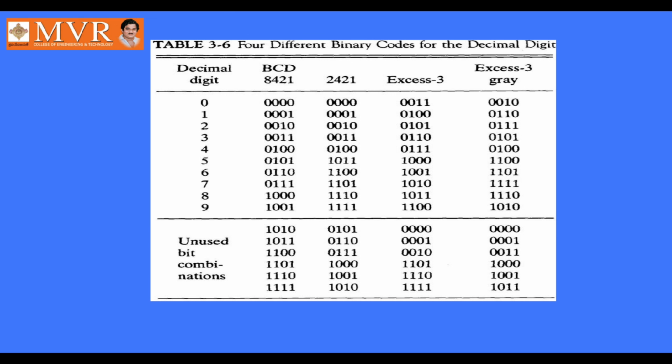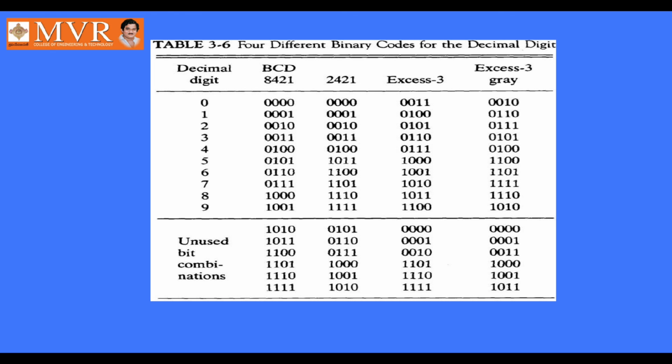So in this single table we have given all the 4 numeric codes, and you take any examples from this table and try to convert one code to another code. Also, if you want to calculate the equivalent decimal values of 8421 or 2421, you multiply the positions with the binary values and sum them, and you will get the equivalent decimal digit.